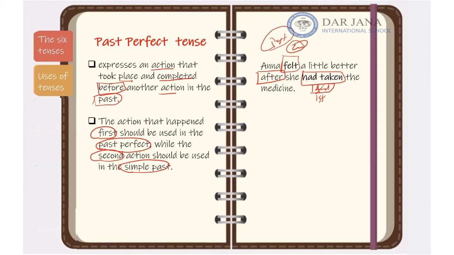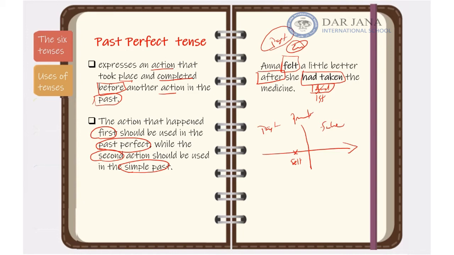Now, if I want to show you that on the timeline, this is the future, that's the present, and this is the past. All right? So what happened is that, let's say she felt here, okay? And that's after she had taken.